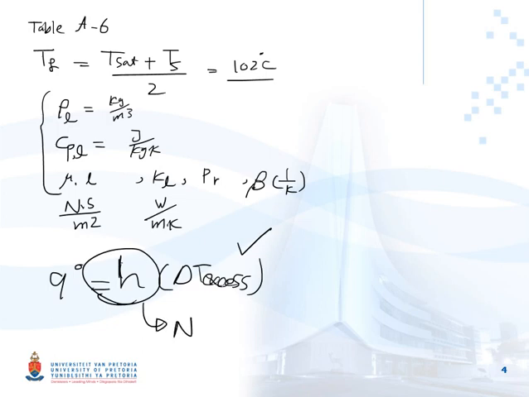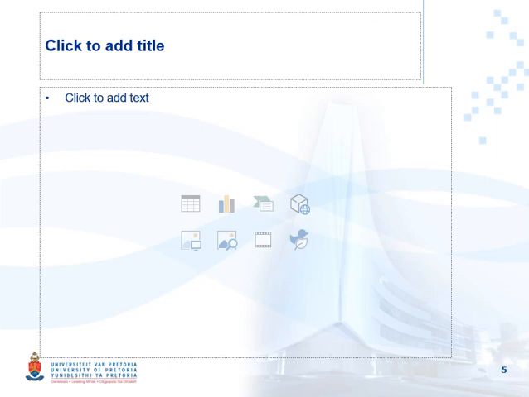First you need to find the Nusselt number. For Nusselt number, correlations differ. Some of them you need to find Reynolds, some of them Rayleigh. Because this is natural convection, it is the Rayleigh number. After you find the Rayleigh number, you can find the Nusselt number. When you find the Nusselt number, you can find h. Okay? So let's see how we can do it.